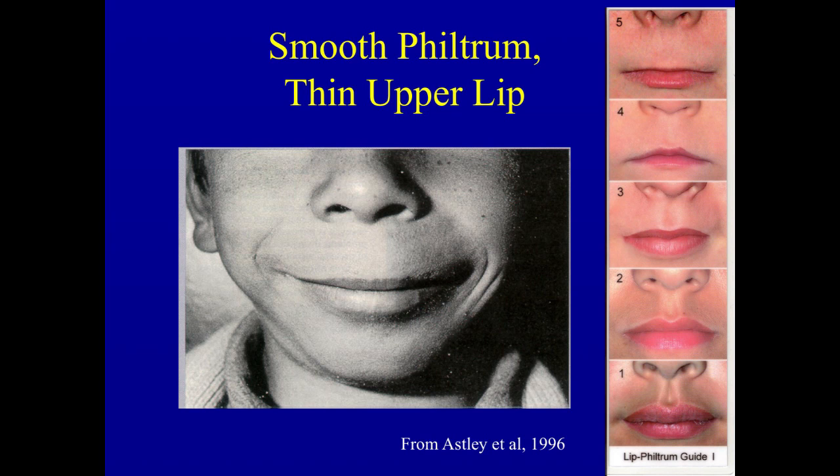Here's a panel from some of Susan's work, and the panel rank 3, right there in the middle, represents the average lip philtrum contour. Panel number 5, at the top rather, represents 2 standard deviations away from the mean, that smoothness of the philtral columns and thin upper lip that we observe in fetal alcohol syndrome, for example.